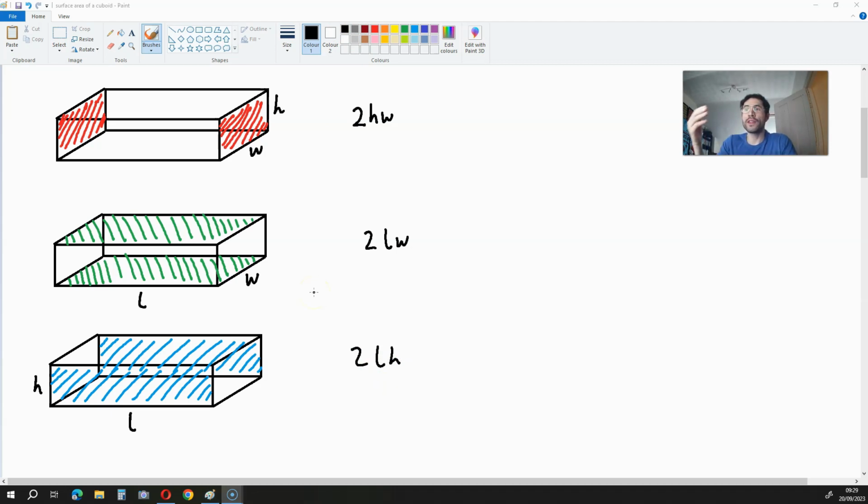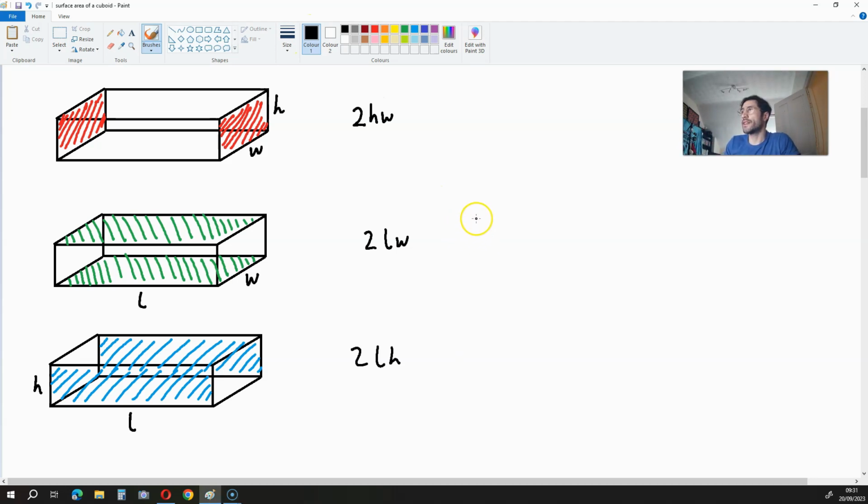Now that we have all the faces of a cuboid and we know their areas, we can derive the surface area of a cuboid in terms of the length, width, and height.